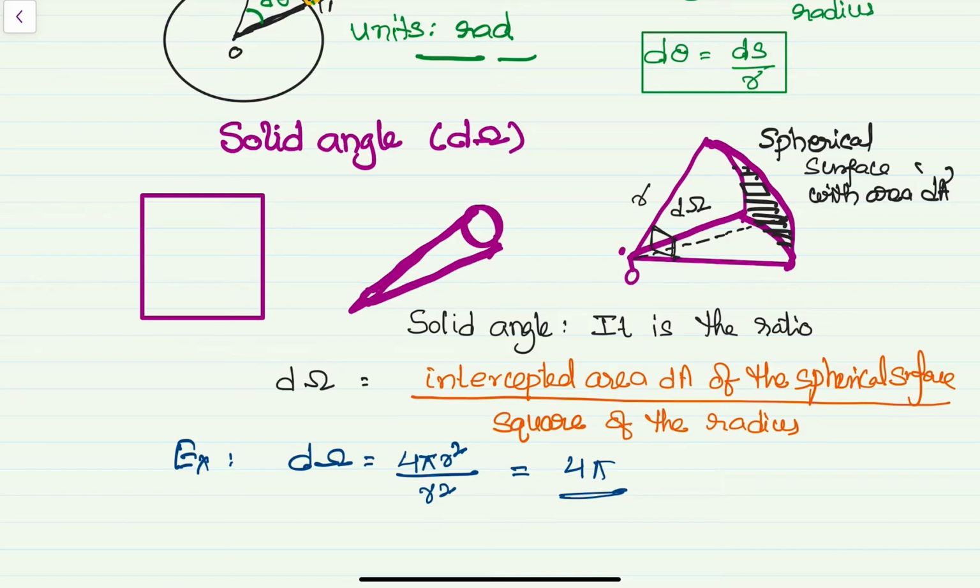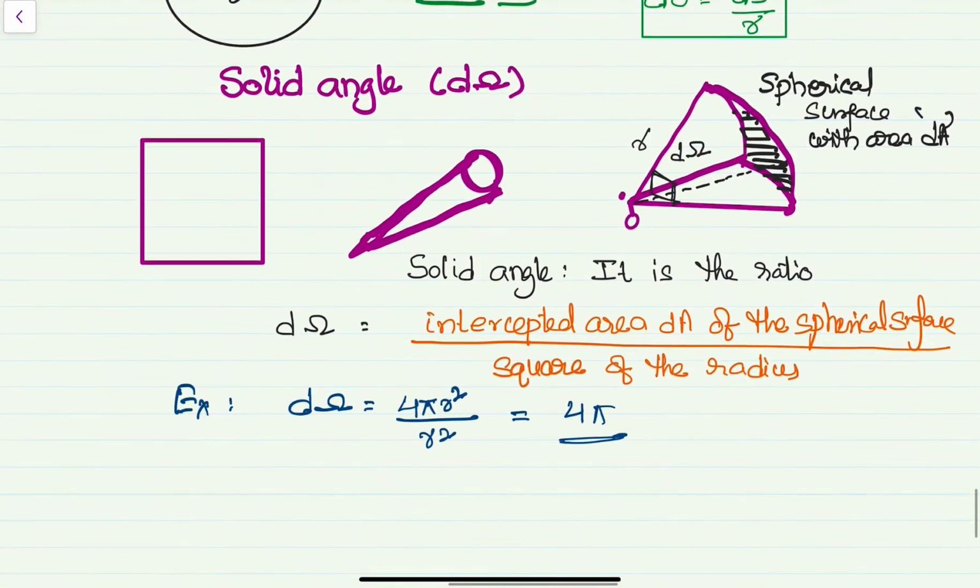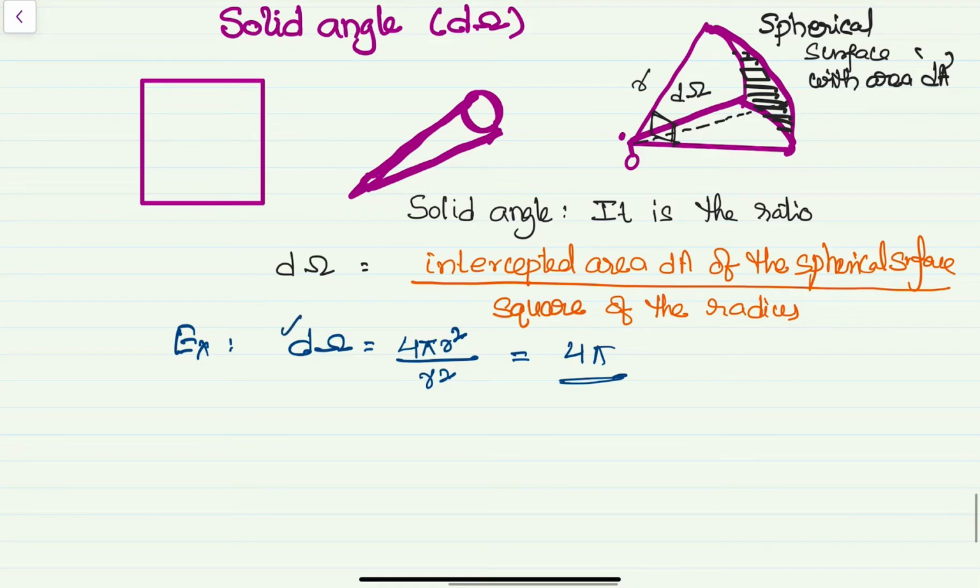So we have seen the plane angle, and this is called the solid angle. Solid angle is like a three-dimensional view made at the apex with the surface area.